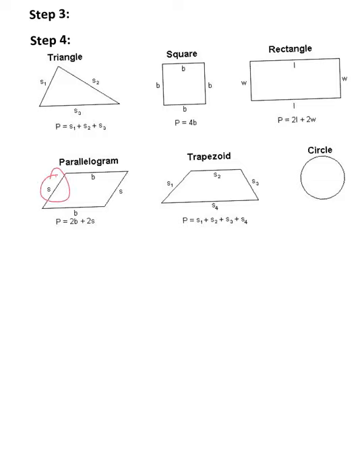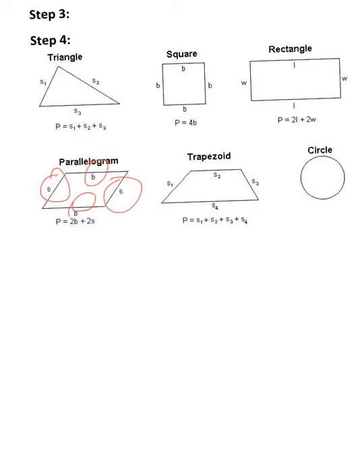So side 1, side 2 are the same. So that's why they go 2 times S or 2 times side. And then of course, the bottom and top lengths of the parallelogram are also the same. So that's where 2 times B comes in, because both of those values will be the exact same number.